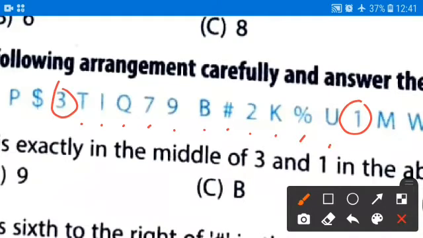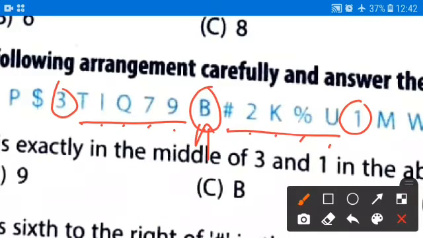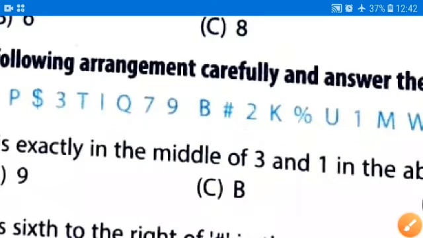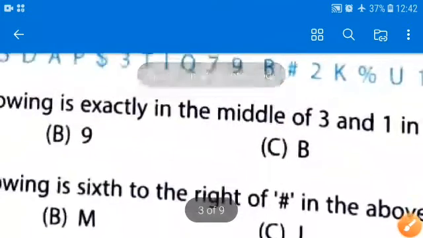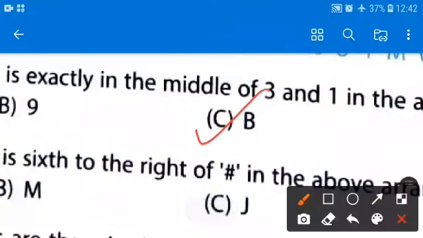So the middle of 3 and 1 will be this P. You can check 5 numbers, alphabets or symbols are to the left and 5 to the right. This will be the answer. So the correct option will be option C, that is P.